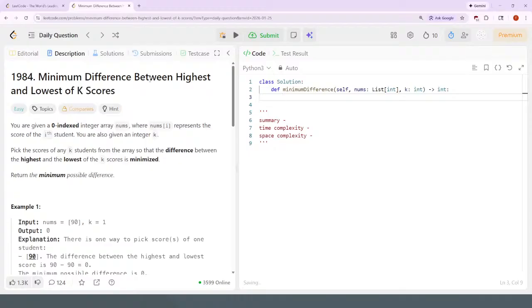Minimum difference between highest and lowest k-scores. You're given a zero-indexed integer array nums, where nums[i] represents the score of the ith student. You're also given an integer k.